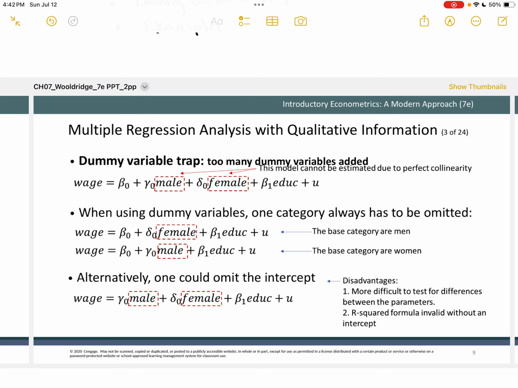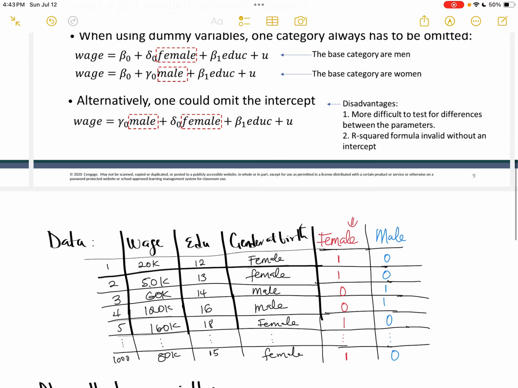Now, I had made mention of the dummy variable trap, that if you were to put male and female into your econometric model like what it looks like right here, the model cannot be estimated because there is perfect collinearity. These two, male and female, are perfectly collinear.